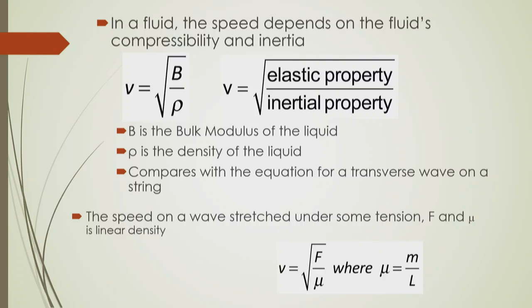Now, this is for those of you who are sonographers, looking at how you're going to be dealing with x-rays and things like that. This is why you can see different tissues, because different tissues are going to have different elastic properties than other things. And it's going to characterize the material quite a bit.